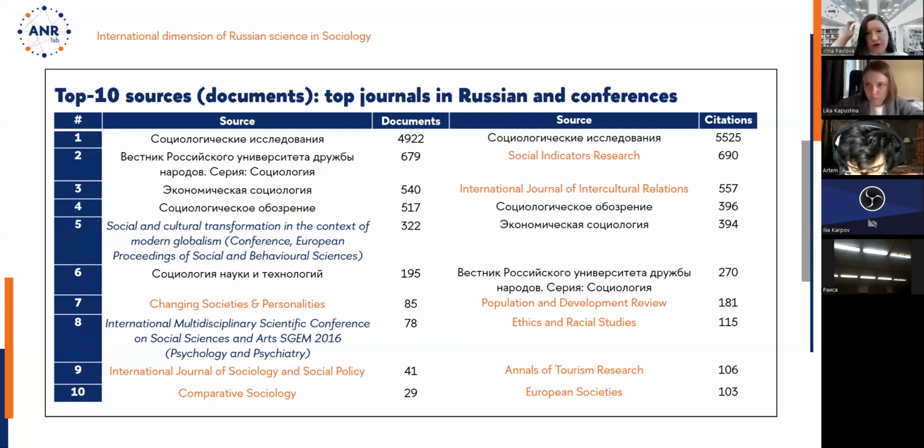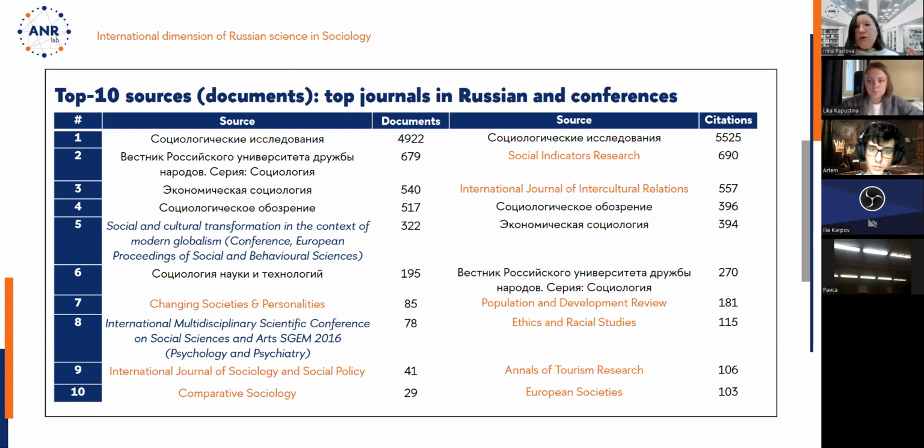So actually, sorry, here is a mistake. In orange, these are international journals, so these are not Russian, sorry. Those sources which are in Russian are written in Russian here, the conferences are put here in cursive, and in orange are the international journals, so not Russian-based journals, but international journals.